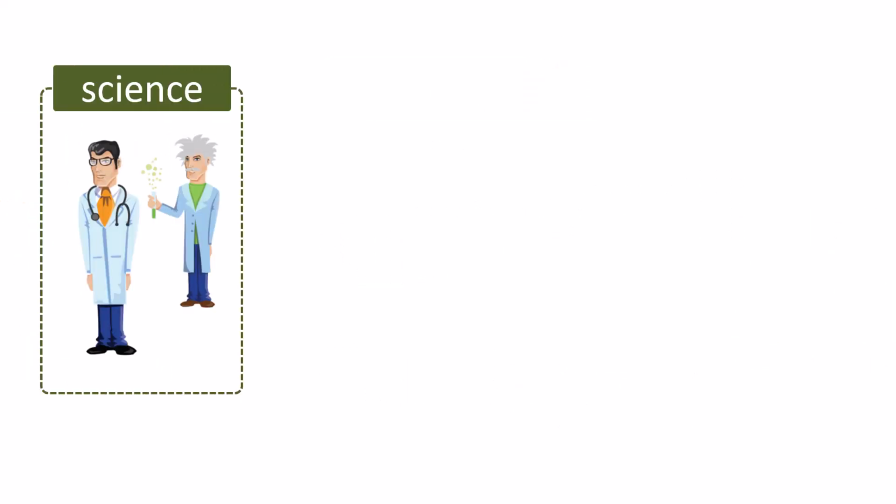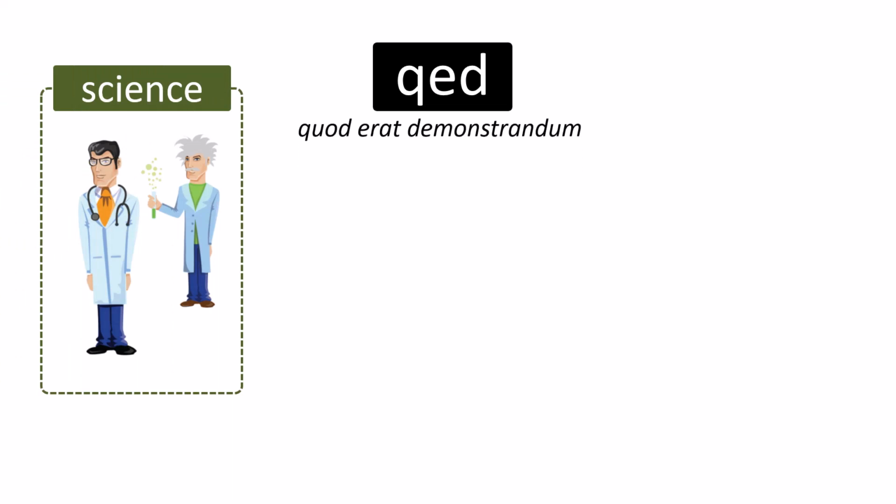QED, quod erat demonstrandum, which translates as which was to be demonstrated. It is used at the end of an argument to signify the desired outcome or conclusion has been successfully demonstrated or proven.